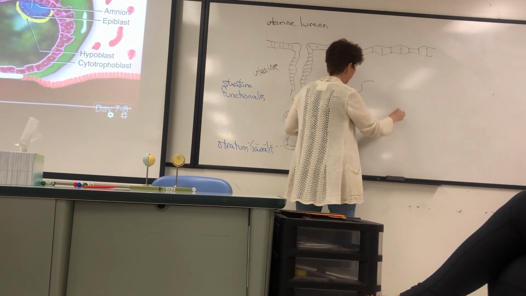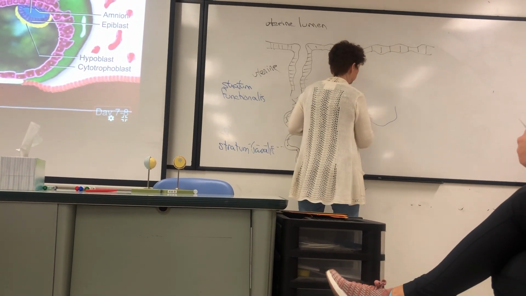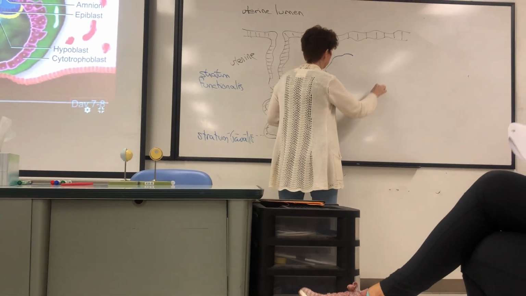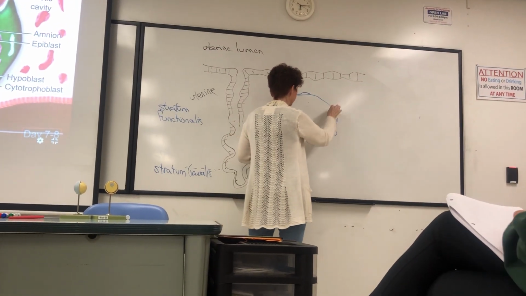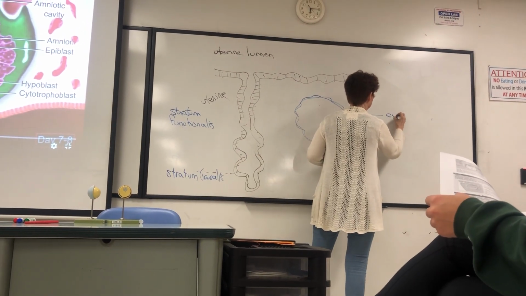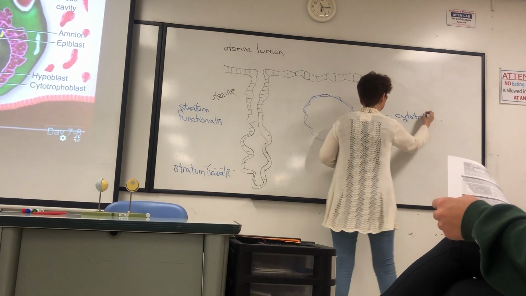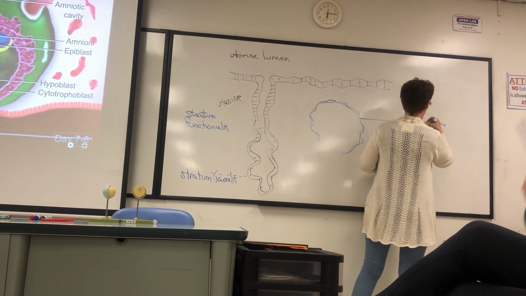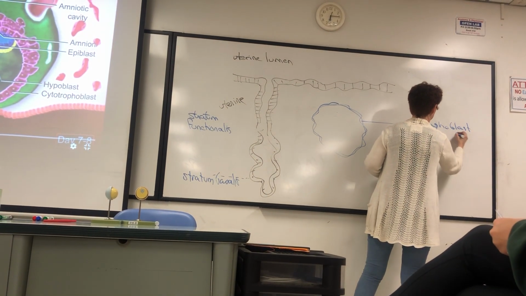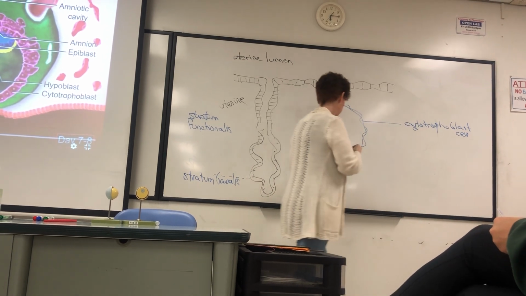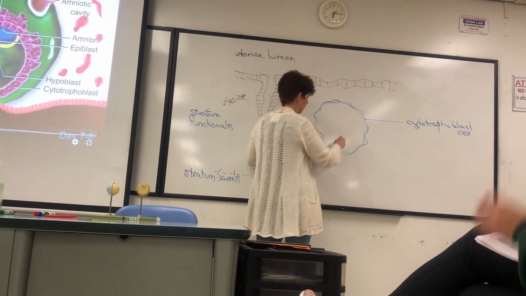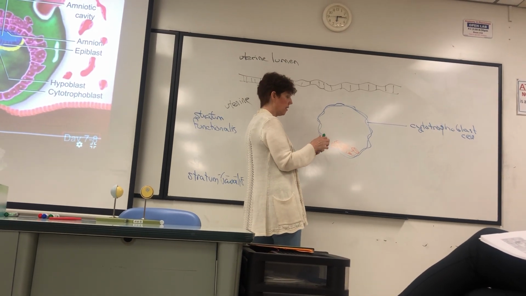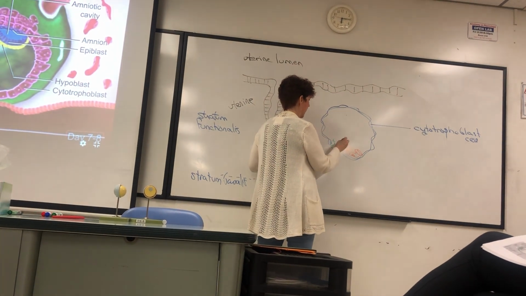So we still have our cytotrophoblast and our inner cell mass. And all these cells are the same 2n as our cytotrophoblast.